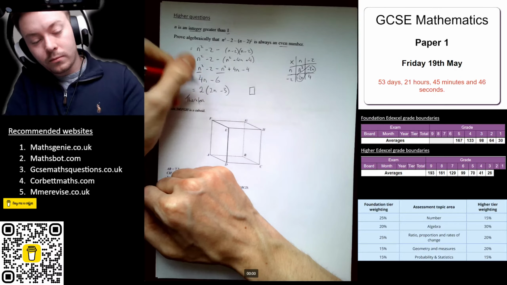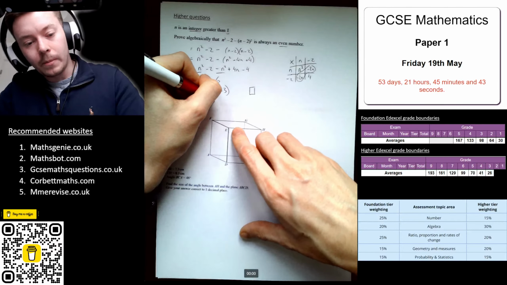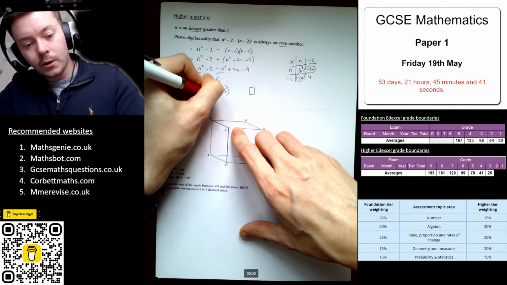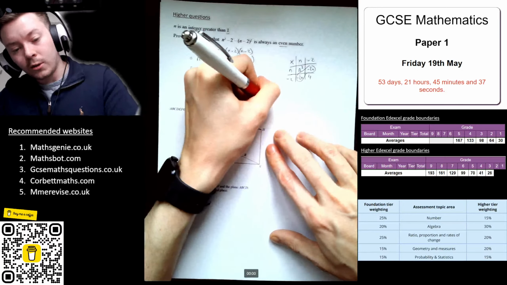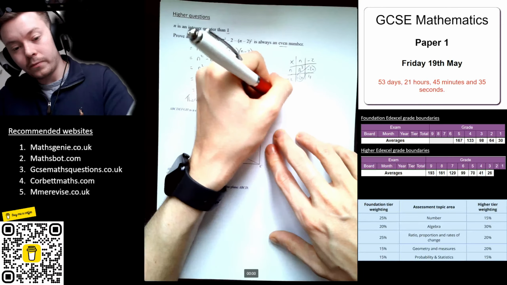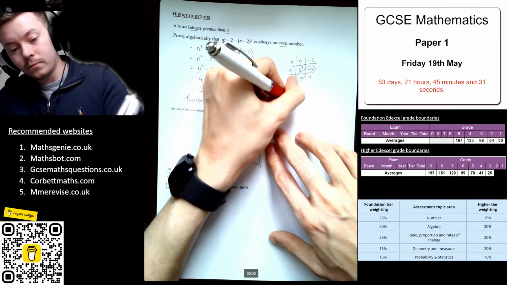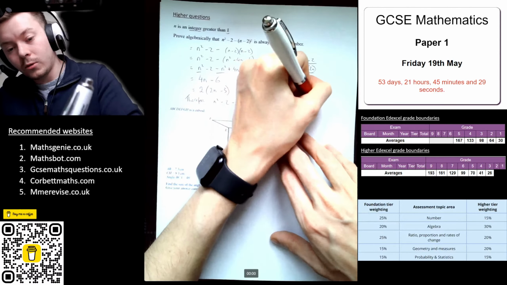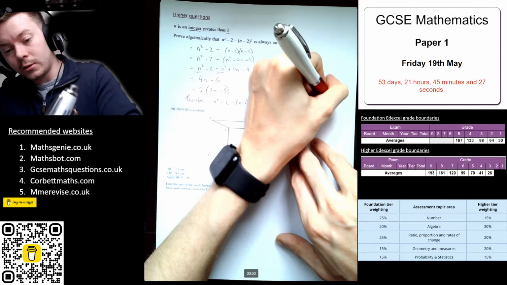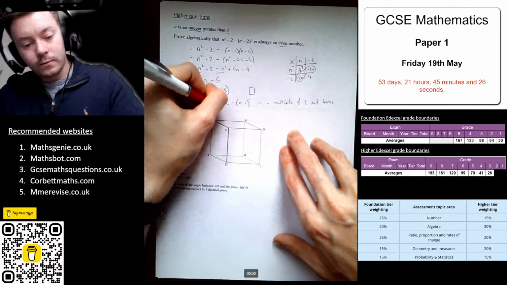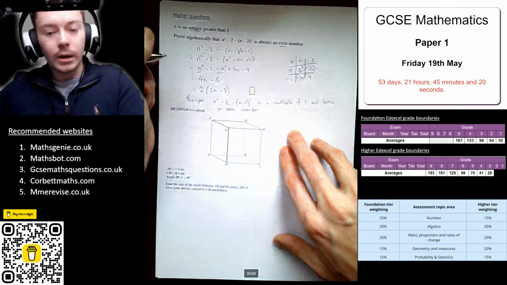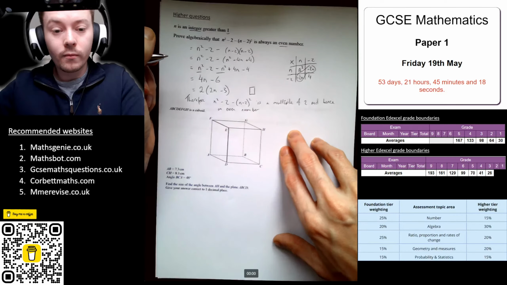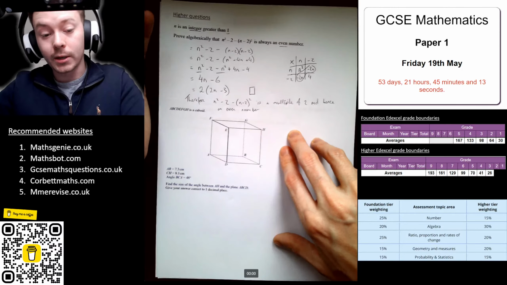Therefore, n squared minus 2 minus n minus 2 all squared is a multiple of 2, and hence an even number for all integers n, basically.